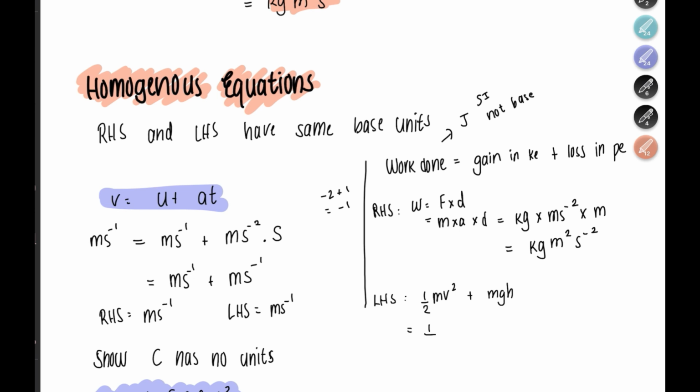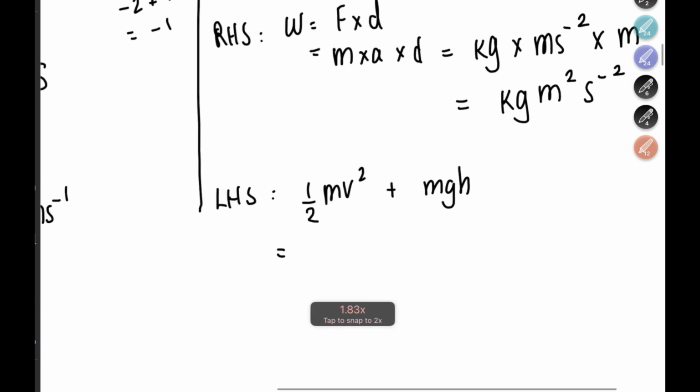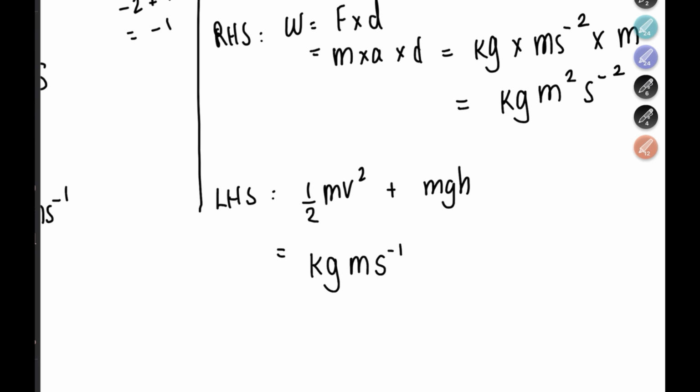This is going to be kilogram multiplied by velocity, which is (meter per second) squared, plus kilogram for mass, and then g is acceleration of free fall, so meter per second square, multiplied by height, which is also meters.